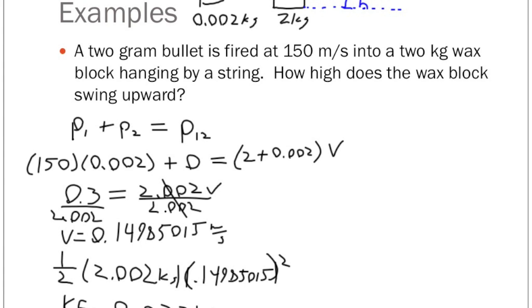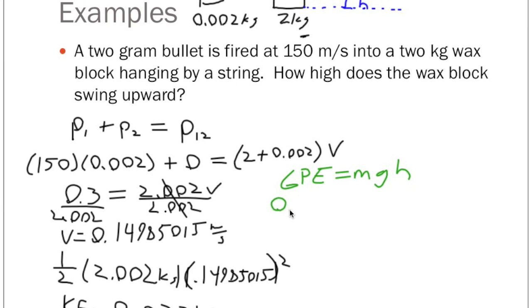This is at this point right here, right after the bullet has connected into it, but it hasn't swung up any yet. And so this is going to turn into gravitational potential energy. And so gravitational potential energy, we know the equation for that, GPE, is equal to mgh. So we know the gravitational potential energy.